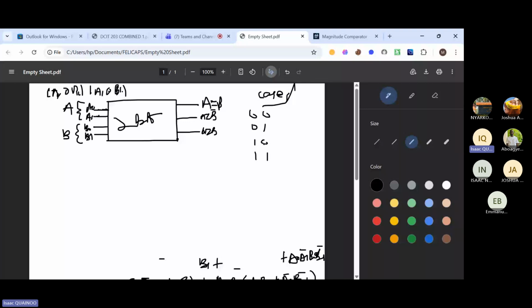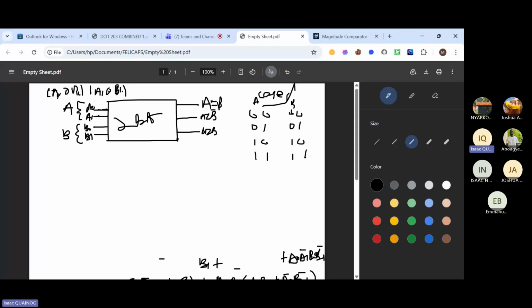And here is A, here is B. So here is 0, 0, and then here is A, right? And then for B, you can also have 0, 0, 0, 1, 1, 0, and 1, 1.